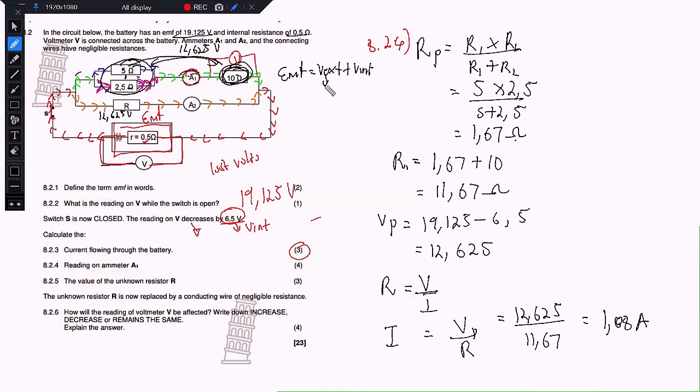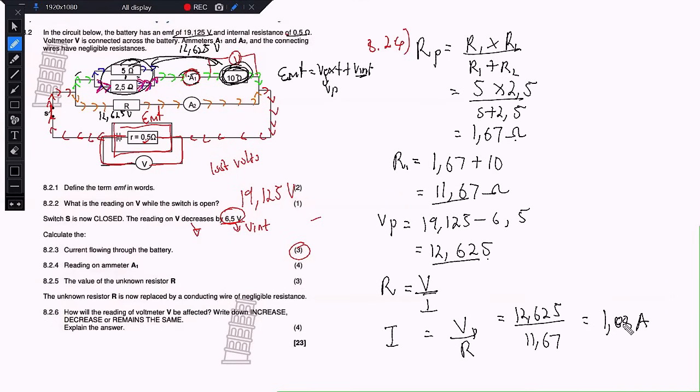If our V external is V parallel, then we simply need to take the EMF minus the V internal to get the V parallel. And that's what we did here. From that, we then wanted to calculate the current. So we already have the resistance, we already have the voltage, and then we can calculate the current. Voila, 1.08 amperes.